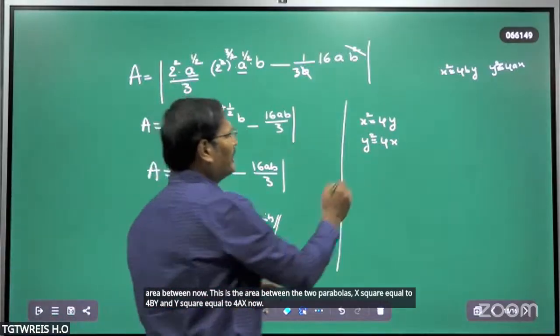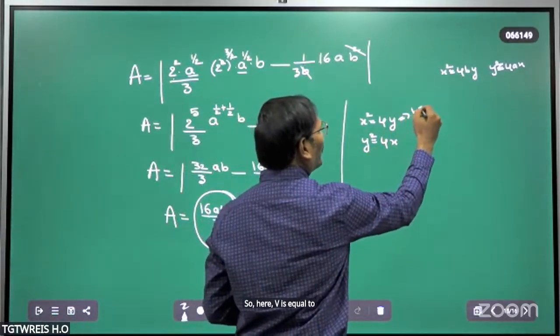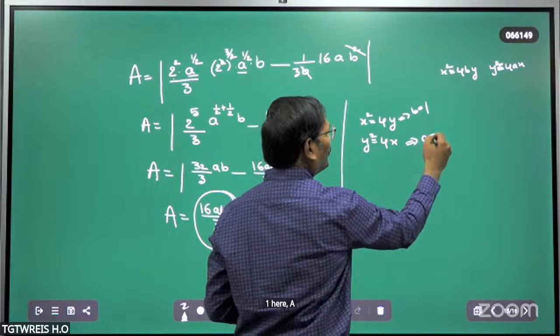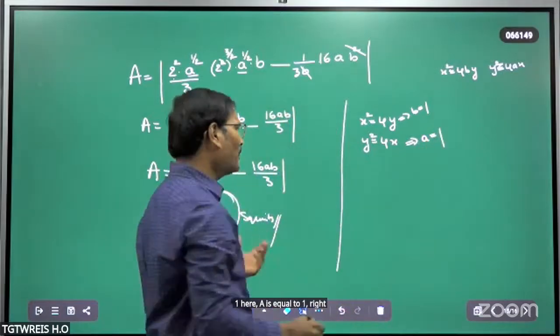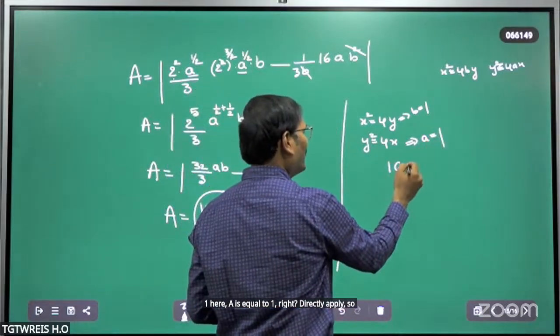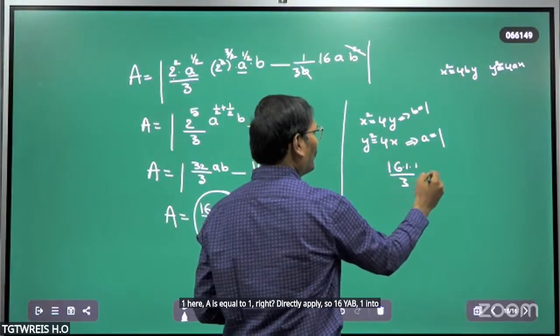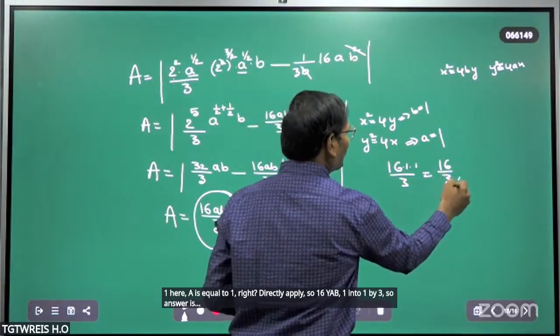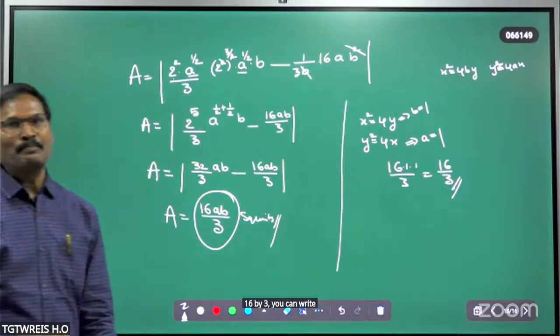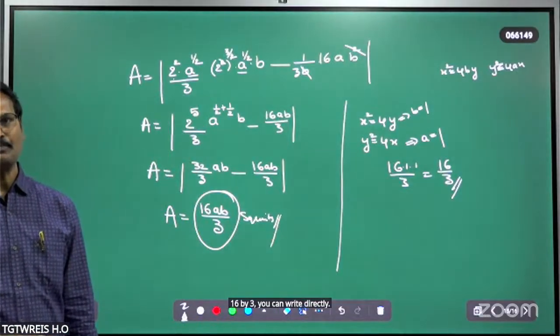So here b is equal to 1, here a is equal to 1, right? Directly apply. So 16 ab, 1 into 1 by 3, so answer is 16 by 3. You can write directly. Is it clear?